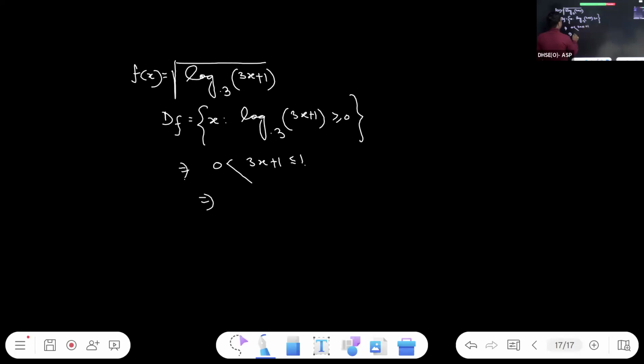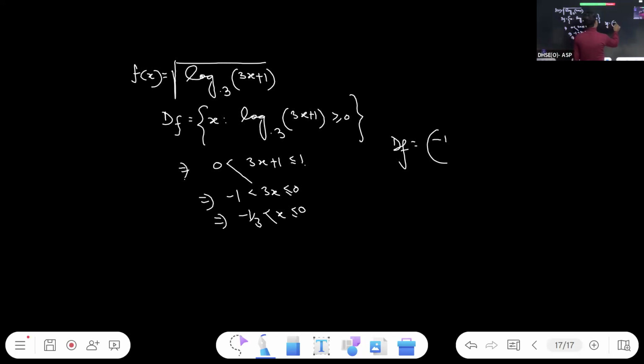This implies minus 1 less than 3x less or equal to 0, which implies minus 1 by 3 less than x less or equal to 0. Thus the domain of the function is minus 1 by 3 to 0.